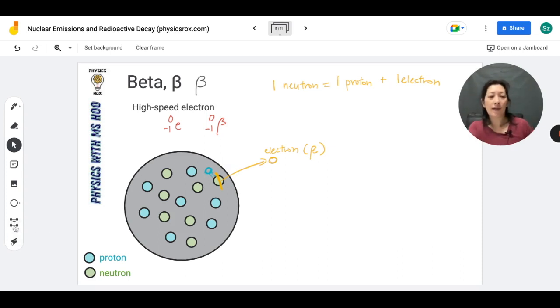So similar to alpha decay, there's also beta decay. So in this case, this radioisotope is a beta source because it's throwing out a beta particle. How do we write the decay equation? Okay, so we're going to use the A Z X notation again.